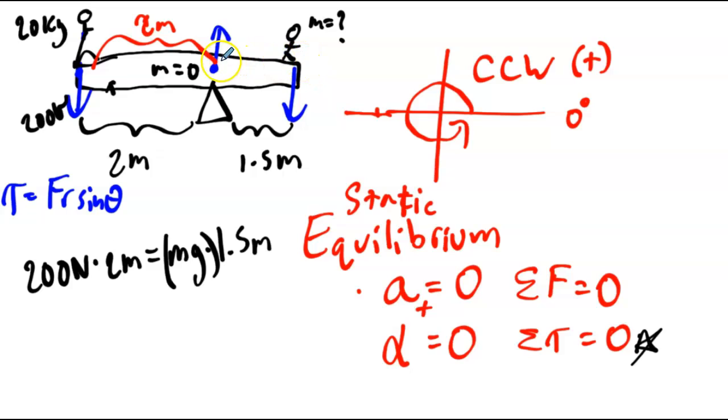This force is being applied 1.5 meters from the center of rotation, right? We're solving for it because we know the torque that's being applied on the left side, right? Okay, never mind. Thanks.